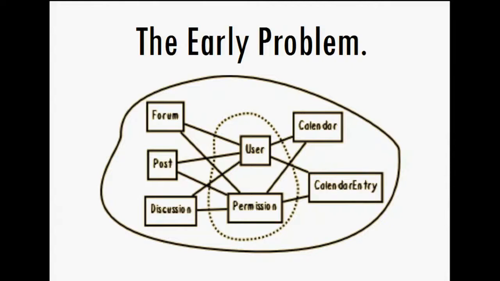But as they were developing this model, they made that mistake of putting user and permission basically in a silo, right, in this application. And user and permission were now tangled, actually directly referenced by calendar entry, by forum, by post, by discussion.